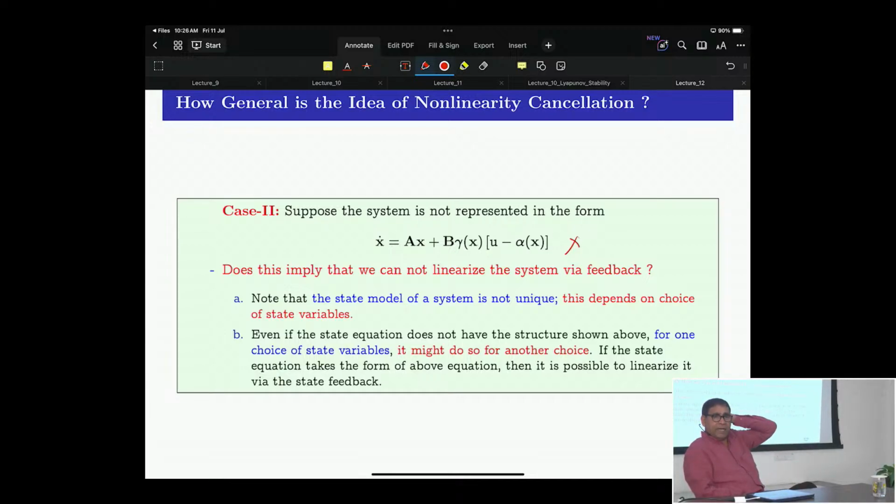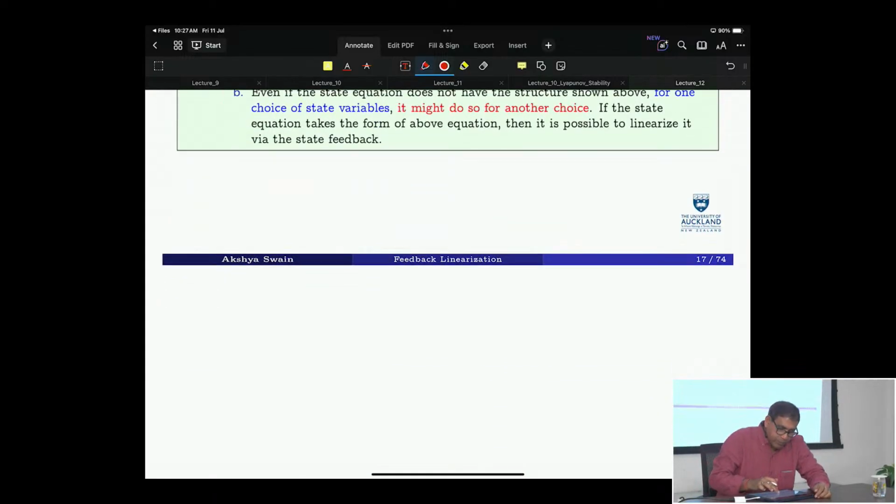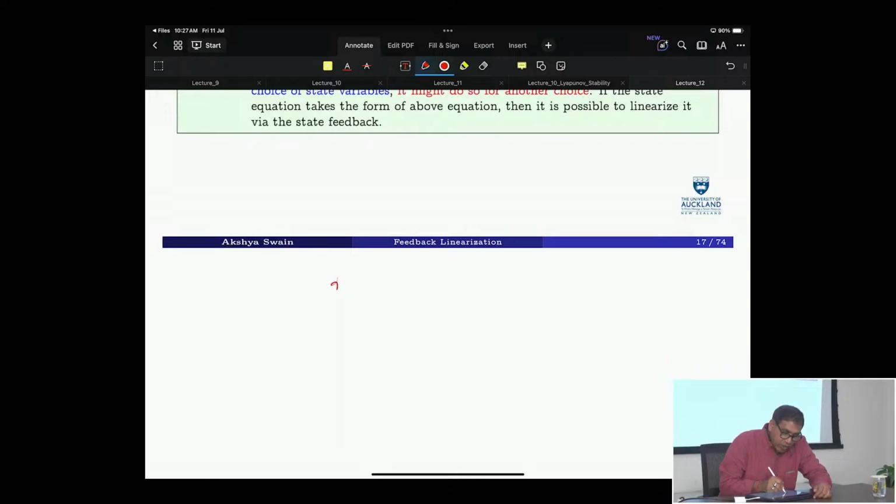Now see, one thing I must emphasize here: the state variable model of a system is not unique. I will give an analogy to make it clear. You can have an infinite number of possible models by suitable transformation. Say, for example, x dot is equal to ax plus bu.